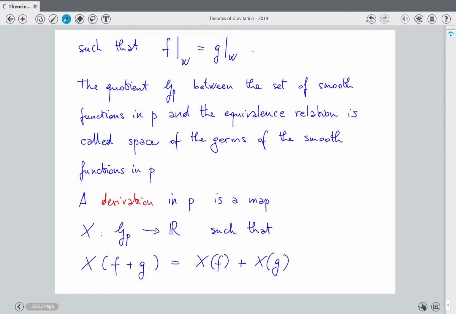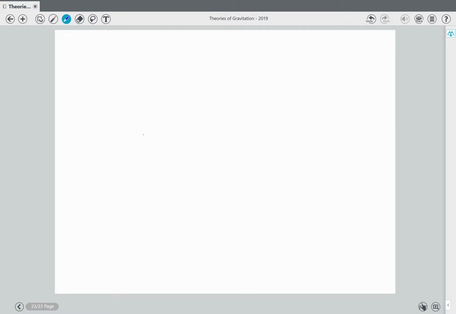This is the first assumption, linearity, if you want. Then X of a constant lambda is 0, where lambda is a real constant.